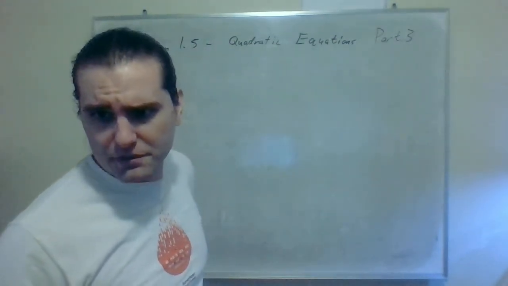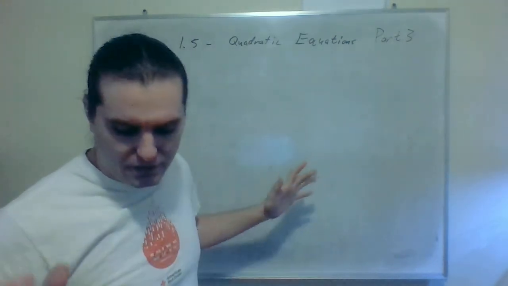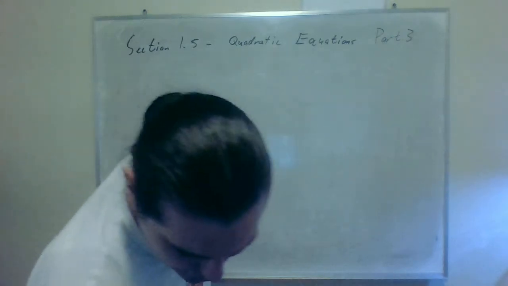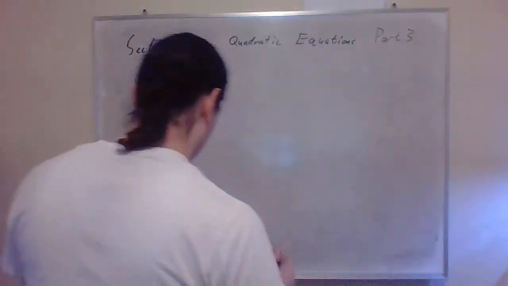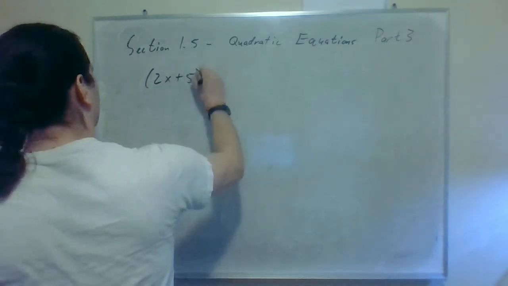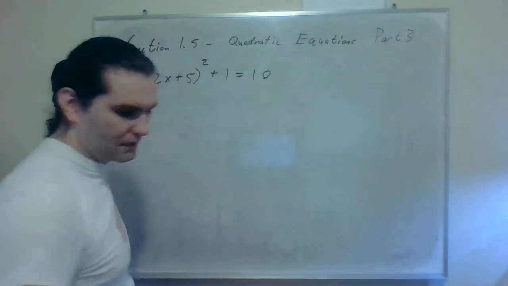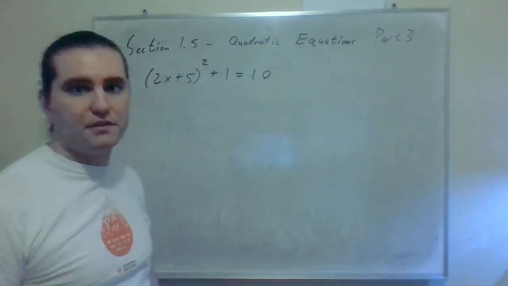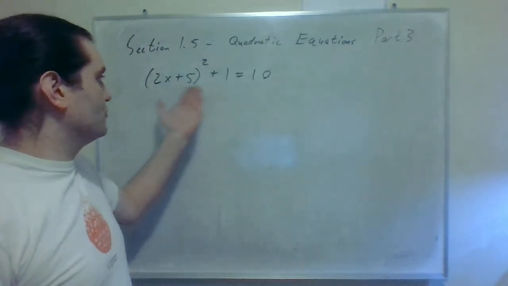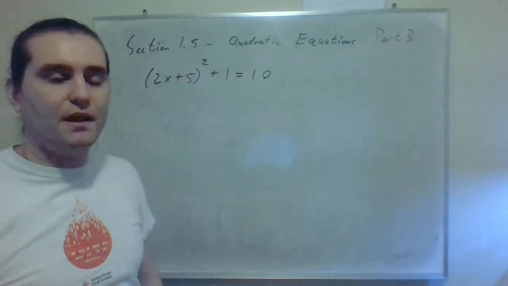And hopefully my camera stops crashing so that I can have one nice video for this. 2x minus 5 squared plus 1 equals 10. This is my any technique you like works for this particular quadratic equation example.